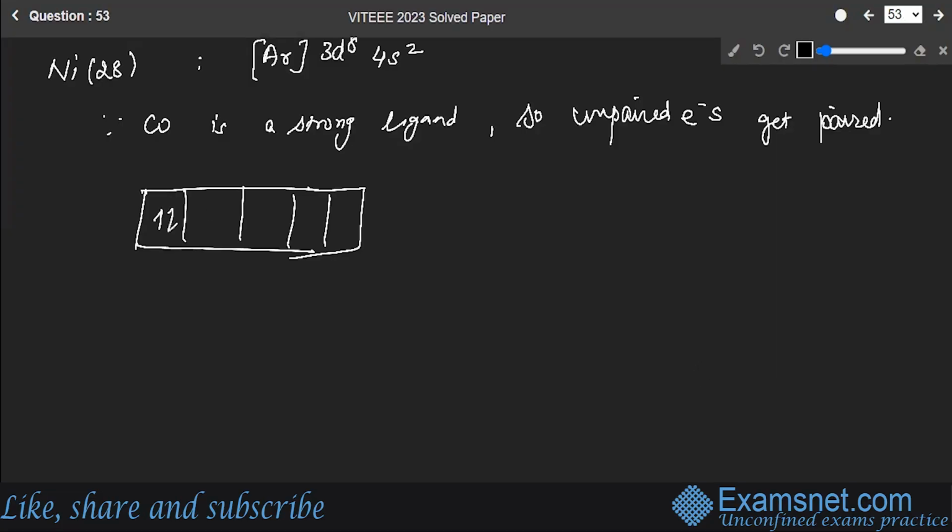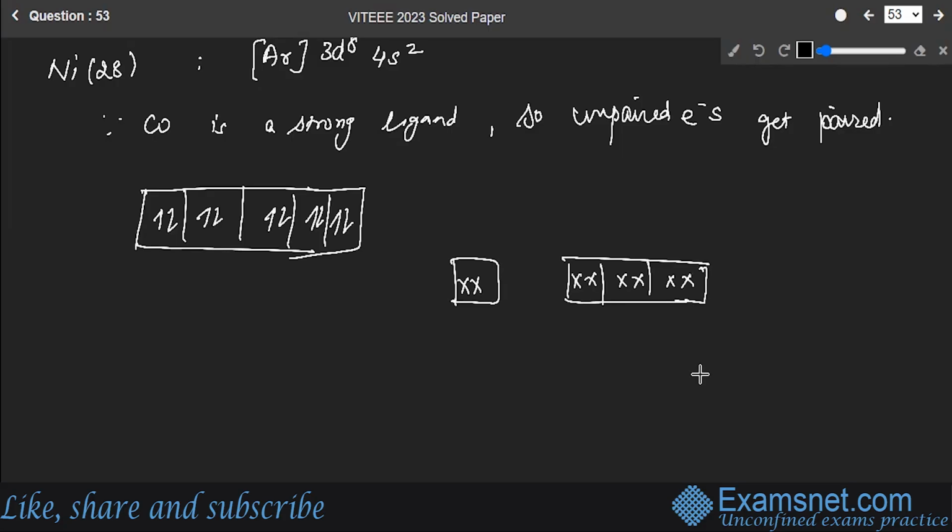Right? So like this, which is sp3 hybridization, somewhat like this. This is your CO, CO, CO, CO, like this.